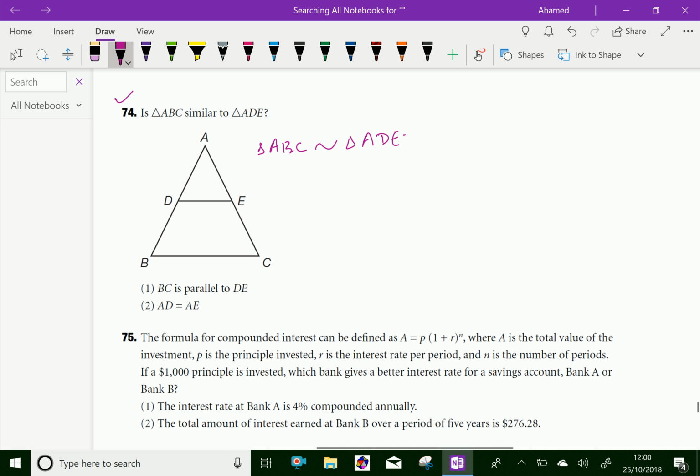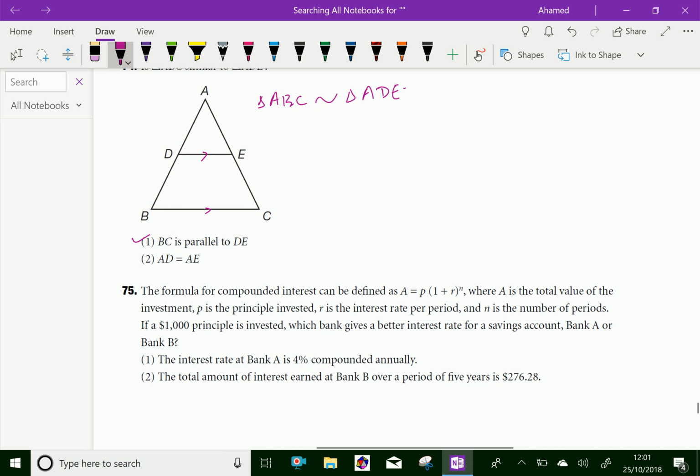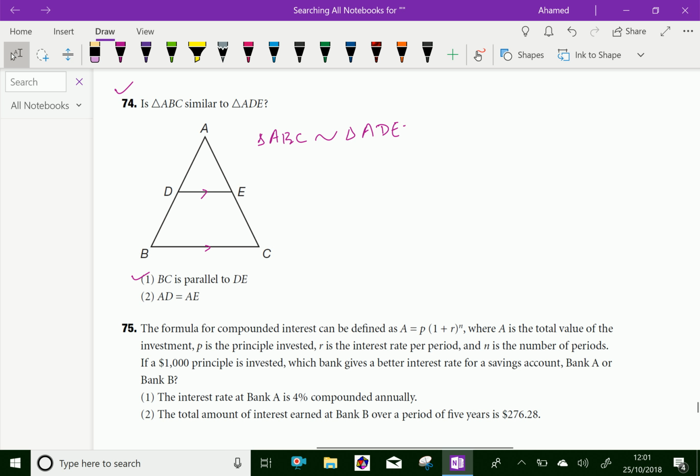Here the first statement says BC is parallel to DE. This is enough to say triangle ABC is similar to triangle ADE, since the side DE is parallel to BC. So statement 1 is enough to say these triangles are similar.